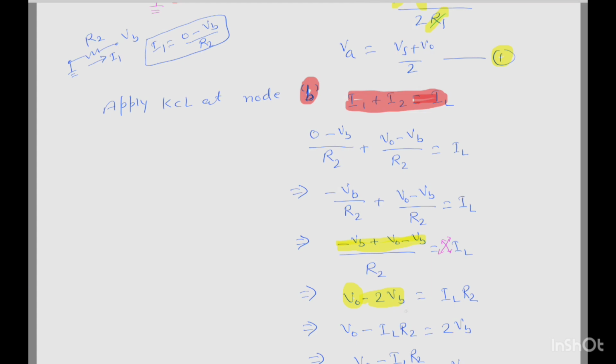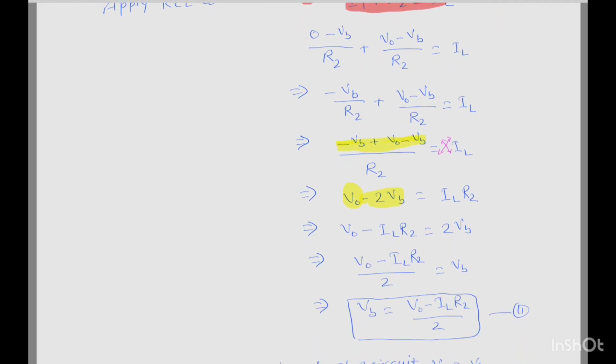Taking this term to the left side changes the sign: V0 minus IL R2 is equal to 2 VB.